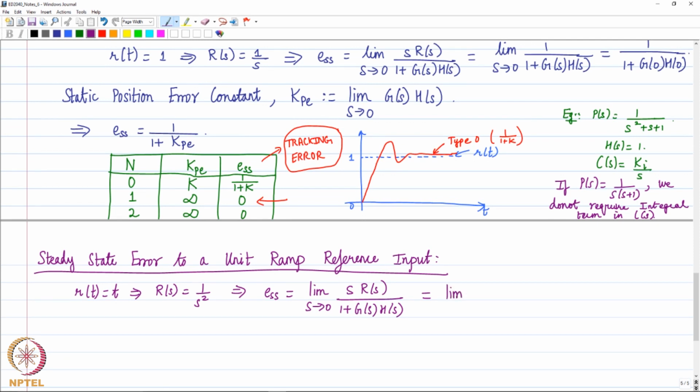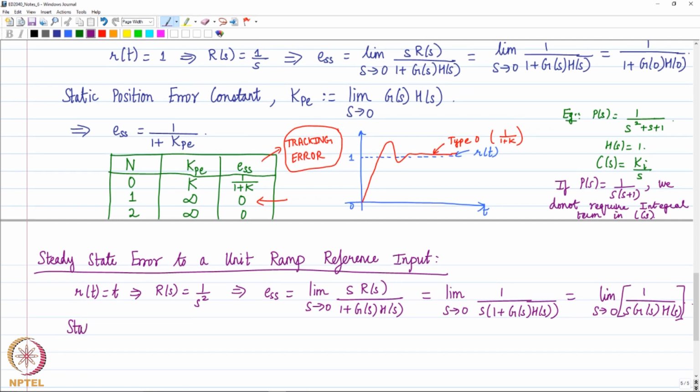I will get limit s tending to 0 of s times 1/s squared. One s will get cancelled, and I will be left with one more s term. So this will give me limit s tending to 0 of 1 divided by s times G(s)H(s).